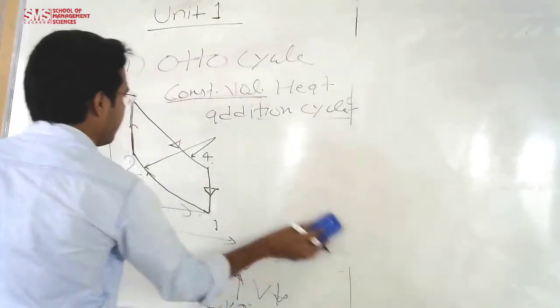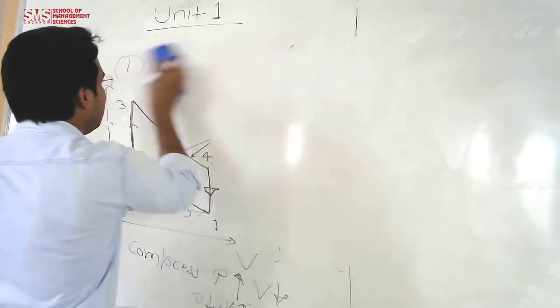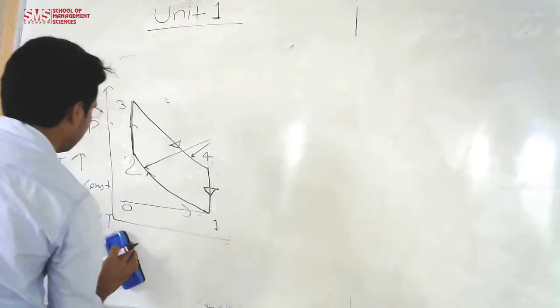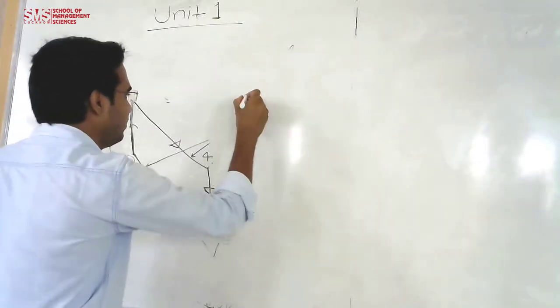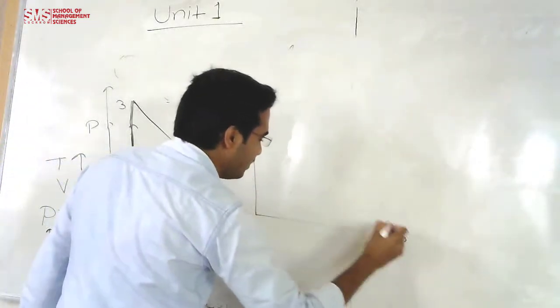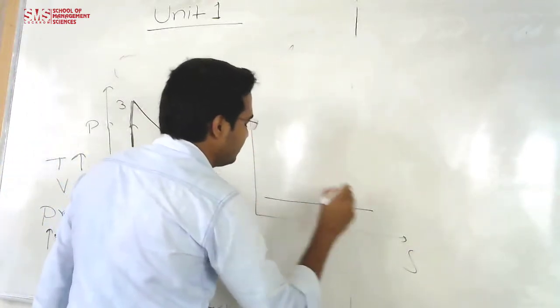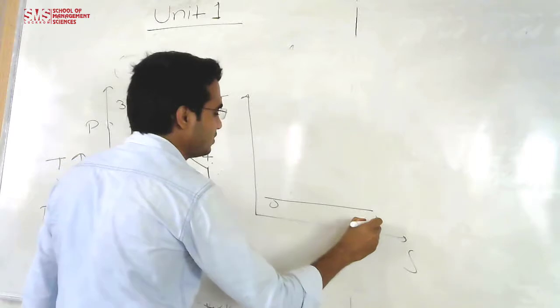Now see the TS diagram of Otto cycle. This one is suction.